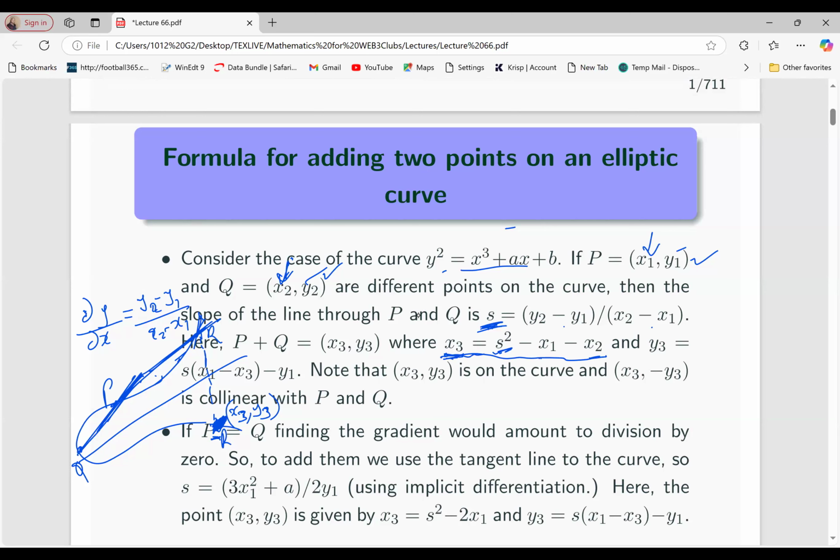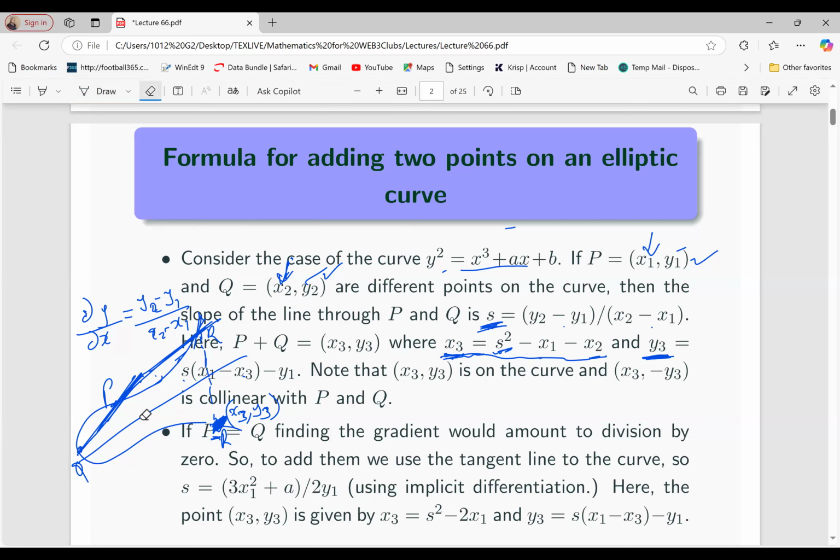Now, after getting x3, you can get y3. How do you get y3? Y3 is S multiplied by (x1 minus x3), then subtract y1. Those are the formulas we use.